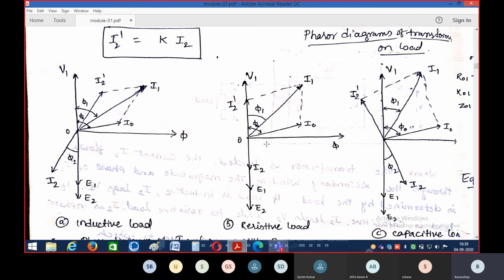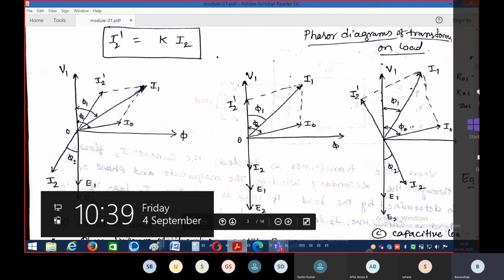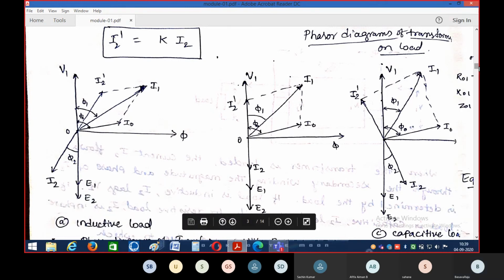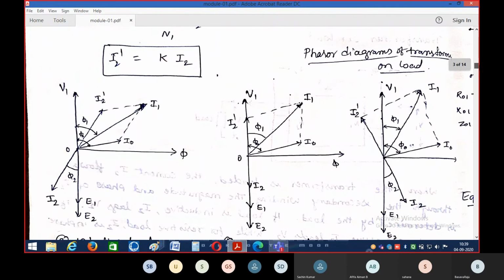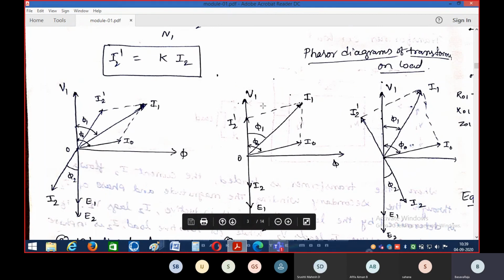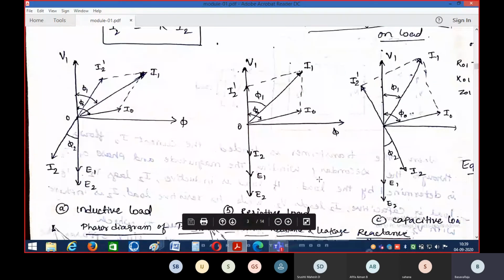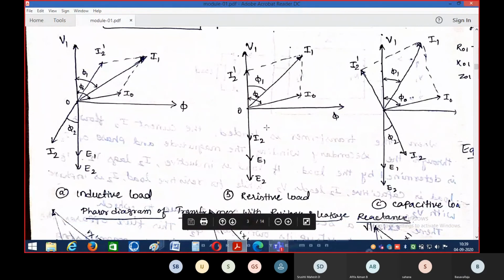This is the vector diagram which explains the operation during resistive loads. Yes. Now if you go through this, same here, V1 and phi are 90 degrees, right? And this is the I naught current.